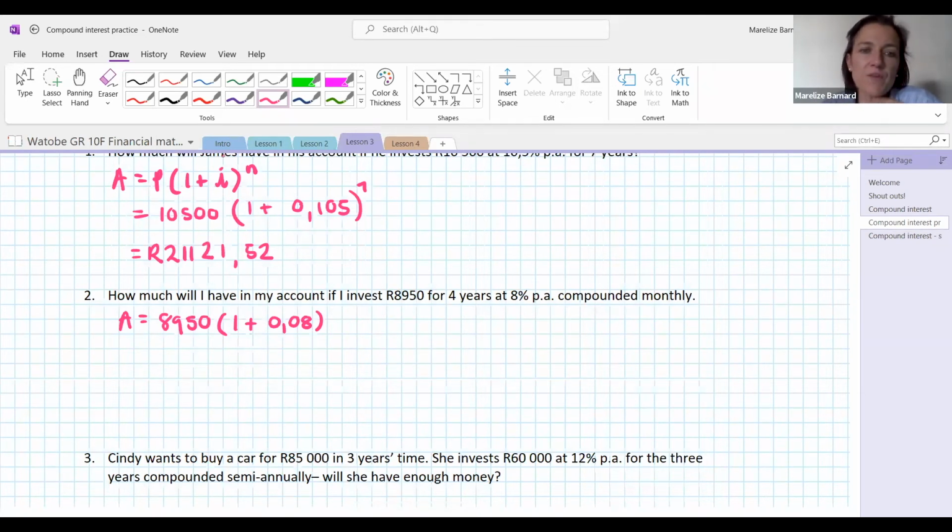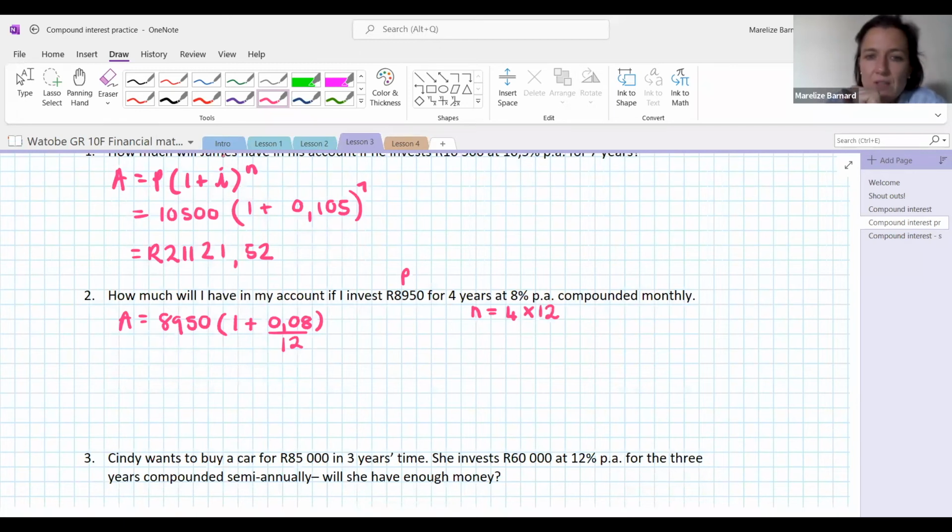Okay, so we've got 8950 as the principal amount. It is 4 years and it's 8%, and we are going to compound monthly. So we need to divide our interest rate by 12. And for our years, because we are going to get interest compounded monthly, that means it's going to be 12 times a year, and there are 4 years.